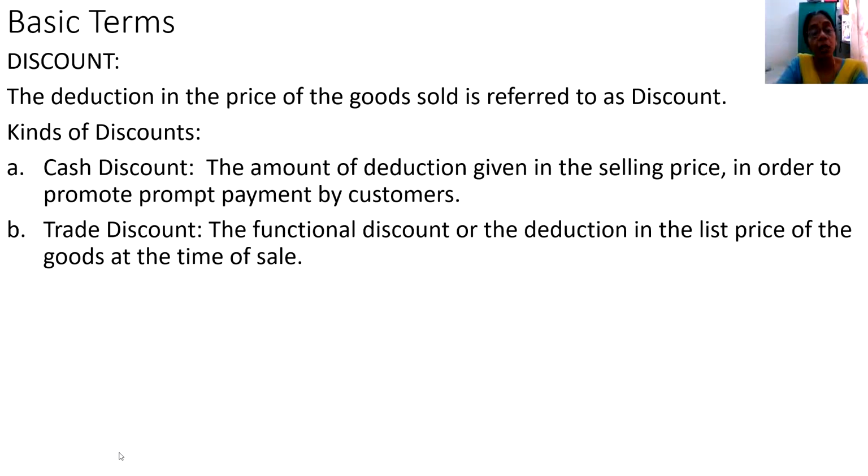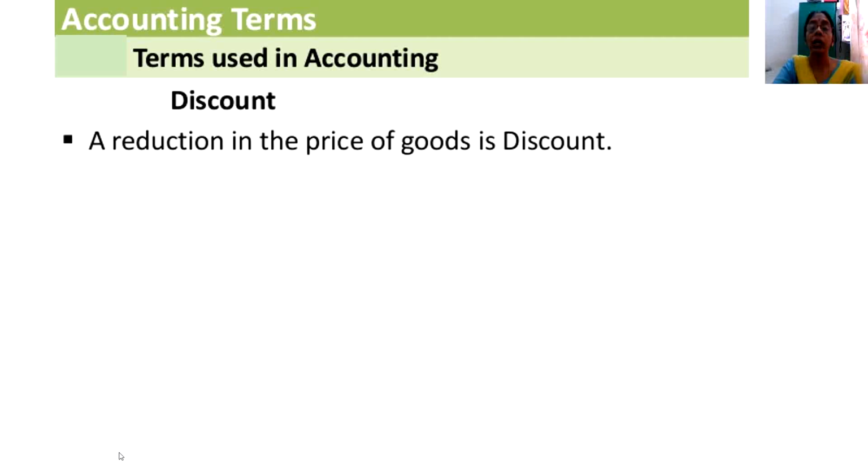So here it is offered on the list price of the goods. When it comes to cash discount, this cash discount is usually offered on the prompt payment of the money. Meaning here, it is offered only for those who give the repayment on time.